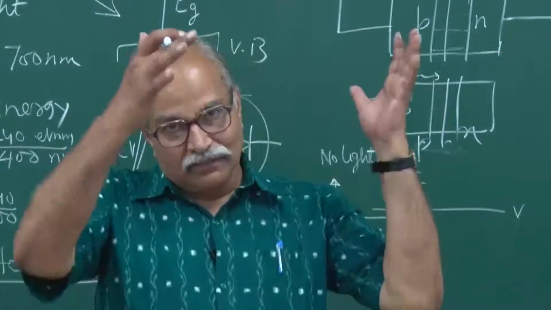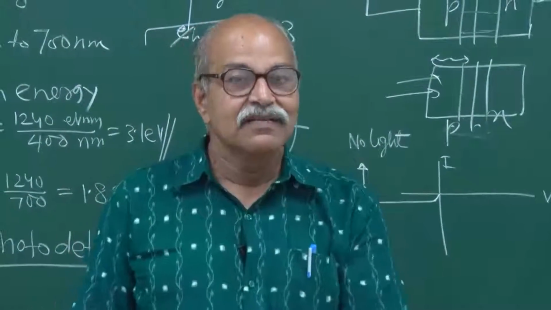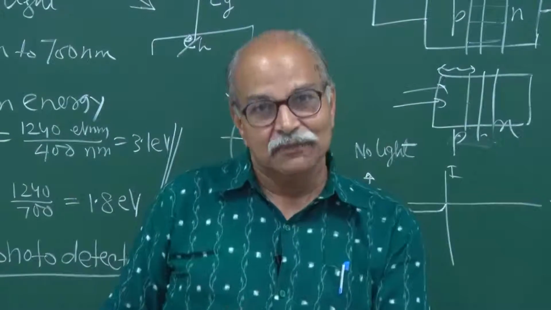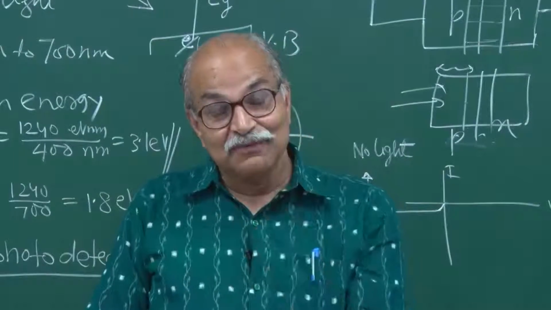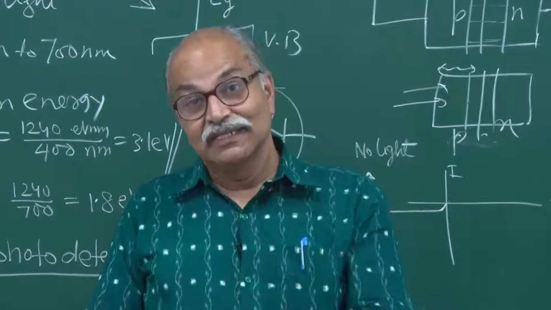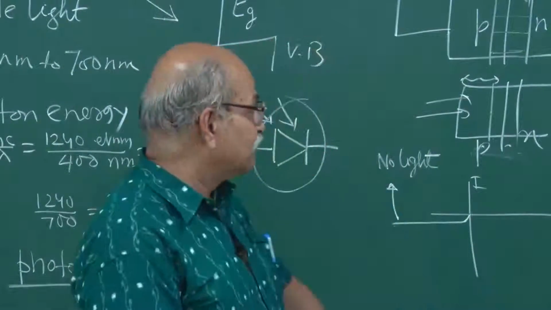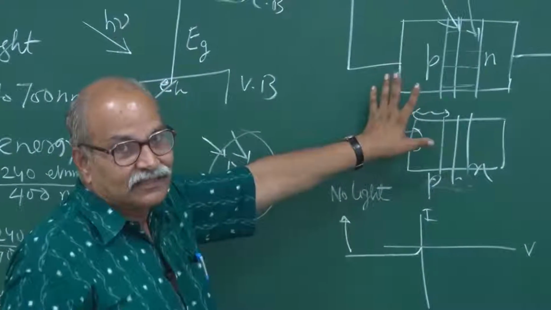So, if 1000 photons are falling, there is an efficiency, a factor. So, that many hundred photons may get absorbed there, and each photon which is absorbed gives rise to one electron hole pair. Okay. There may be some other ways of dissipating the energy, but finally there is some fraction. Okay.